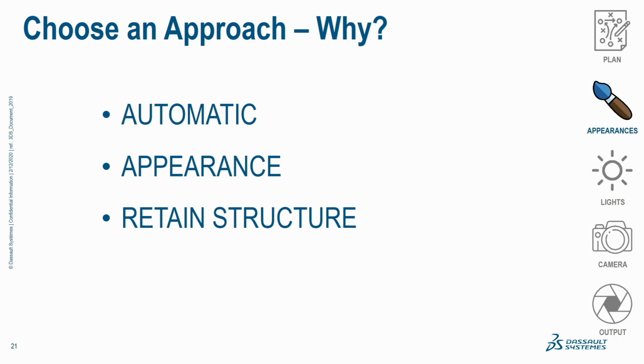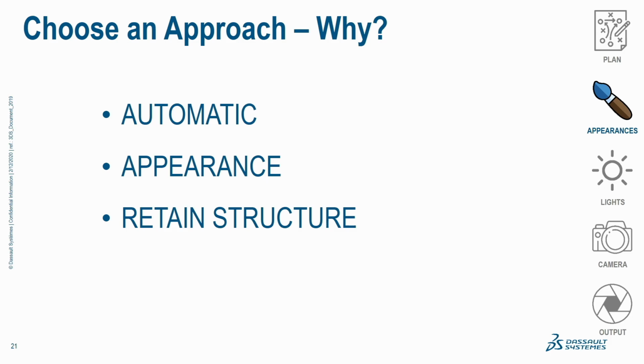So what these 3 do is, automatic basically works on the setup of appearances and parts that we have in SolidWorks. It's not directly analogous to just getting your SolidWorks tree, but you have independent control. Appearance will group everything together, so everything that is the same appearance in SolidWorks will basically become a part in Visualize. Retain structure gives you full control over everything.